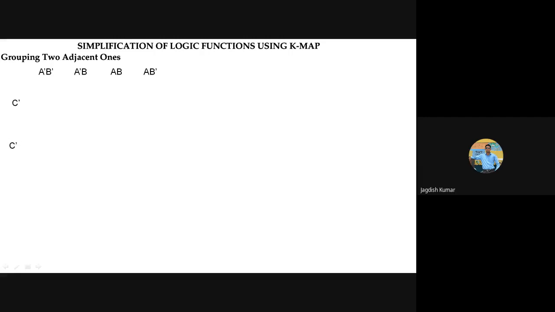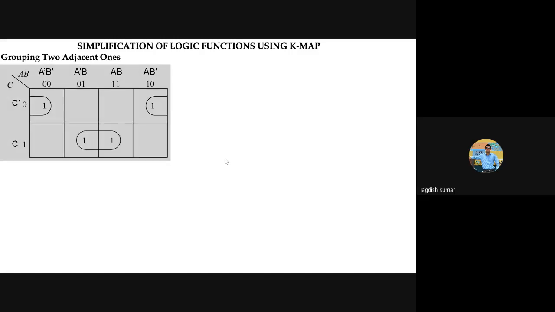And this is nothing but C. Now is it okay? Oh, sorry. Yeah, that's it. Now you see. Here you notice that A is changing from A dash to A. But here, what is changing?